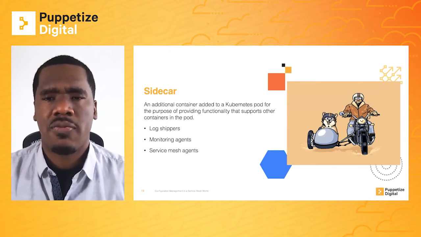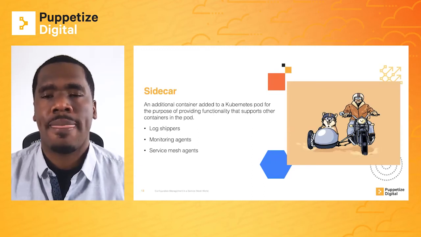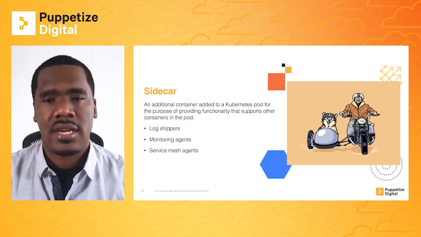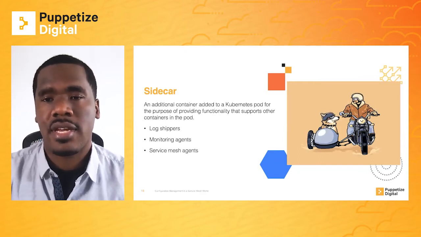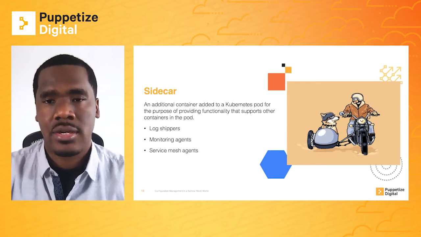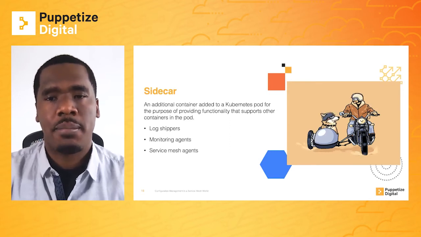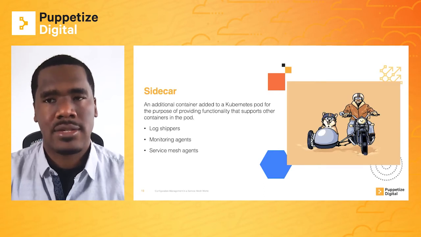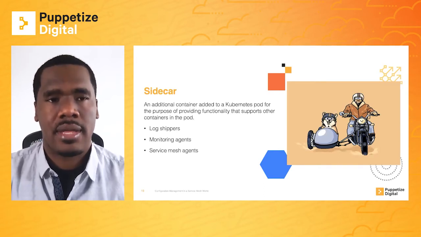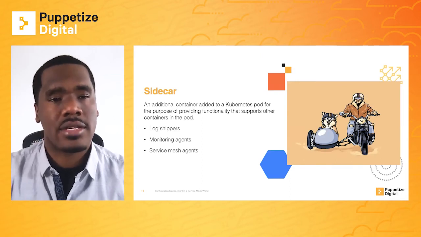The actual functionality is provided by the motorcycle. The sidecar provides additional functionality in terms of enabling an additional passenger to ride along, but it by itself does not provide the core functionality. And so this is very similar, based upon its name, to sidecars in Kubernetes.